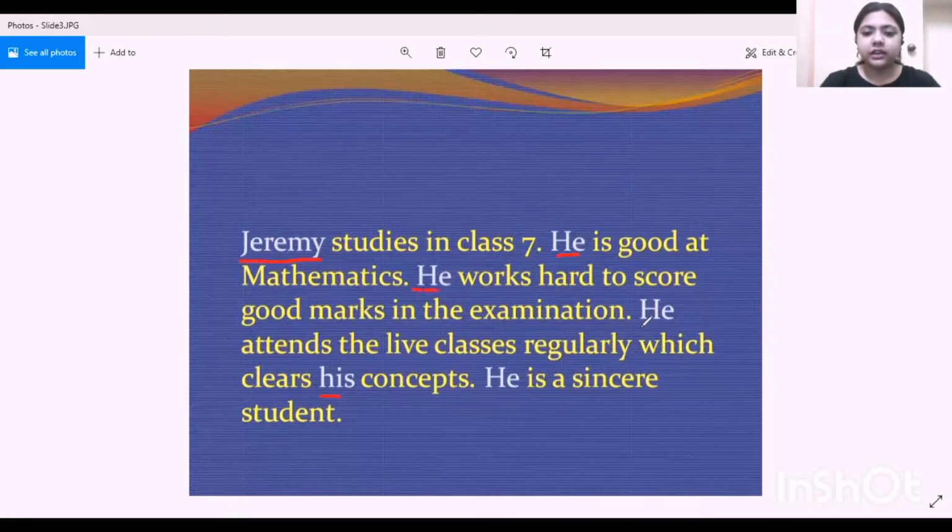And here you can see Jeremy's is replaced with his. So this is the function of a pronoun. What is the function of the pronoun? It comes in place of a noun.